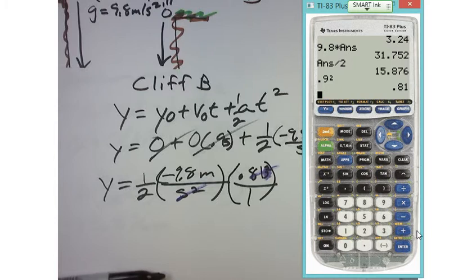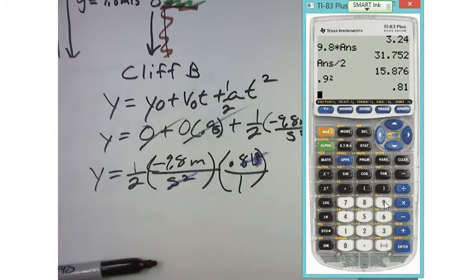So I'm going to have negative 9.8, yep, times, let's put it in there so you guys know what we're doing. Negative 9.8 times 0.81.